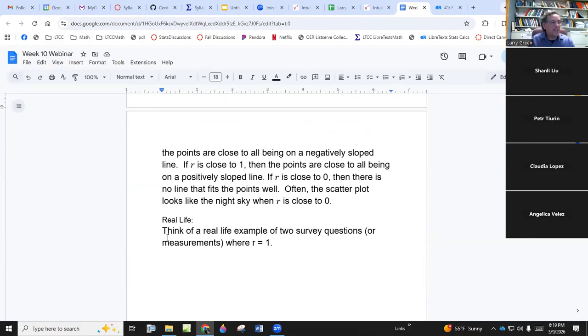All right, let's see if you can think of a real life example of 2 survey questions. They could be measurements instead of survey questions, where R is equal to 1. So you can put in the chat box an example where R is going to be exactly perfectly 1. Pop in the chat, I'll give you a minute or two.